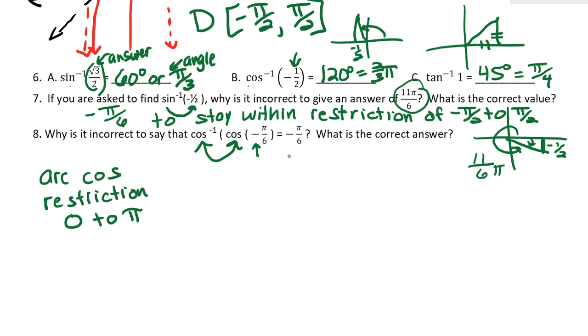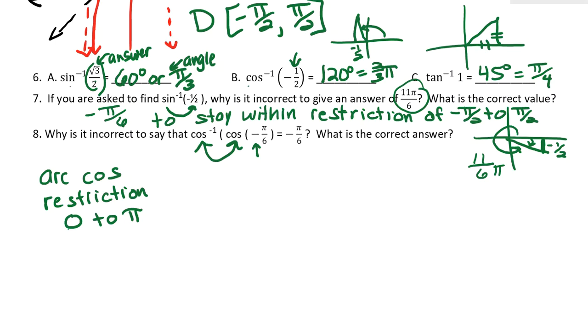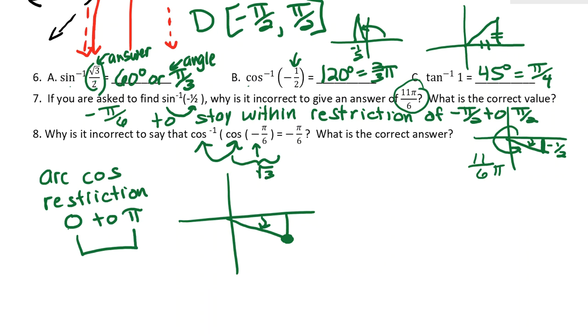So negative pi over 6 is outside the restricted area. So if you did negative pi over 6, you would be down here. So we would like to say that the cosine of negative pi over 6 is square root of 3 over 2. And then we want to, let me erase and try that again.